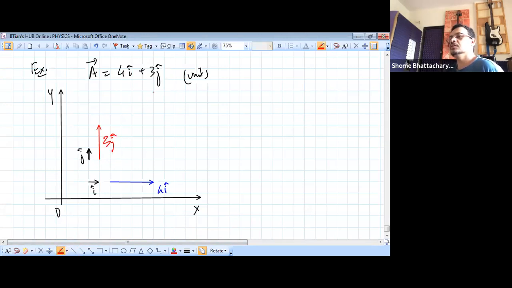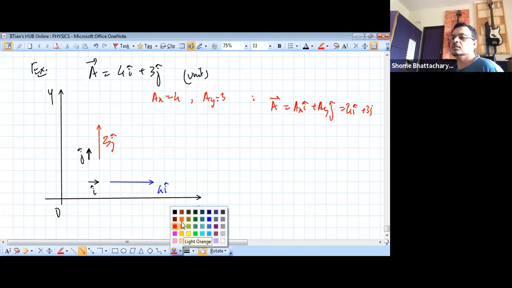So you can see that here Ax is 4, and Ay is 3, like this. So now what is the vector A? It is the sum of this Ax i cap plus Ay j cap, or 4 i cap plus 3 j cap. So now construct the vector A using these two. So vector A कैसे दिखेगा diagram में? You take the vector 4 i cap, so that's this one.